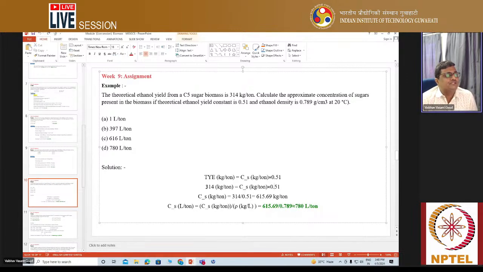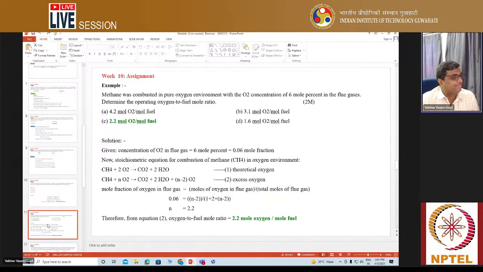So you just rearrange this term, convert these values, and you will get the concentration, because you just divide it by 0.51 and you will get 615.69 kilogram per ton. Simple. Okay, so this is in kilogram per ton. If you have to convert into liter per ton, you simply divide it by the density. Once you divide it by the density of the ethanol, you will get the exact concentration of the sugar in liter per ton, which is around 780. Simple.